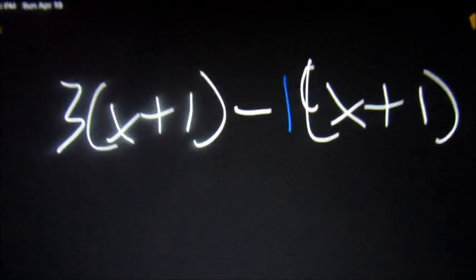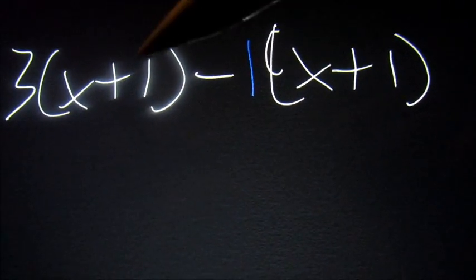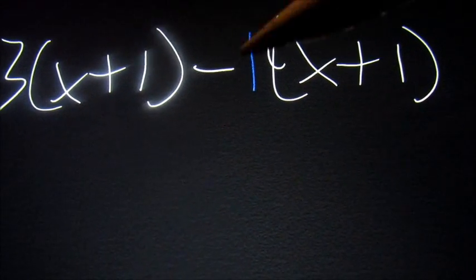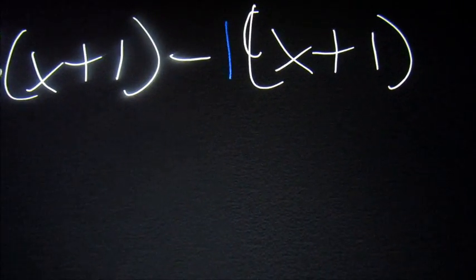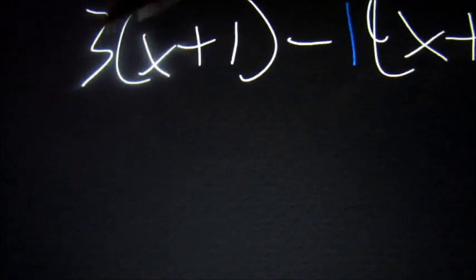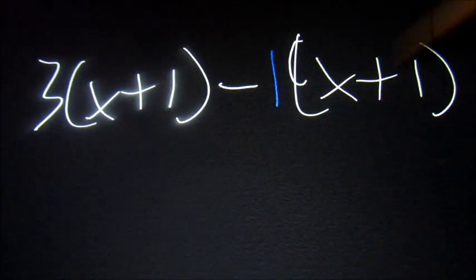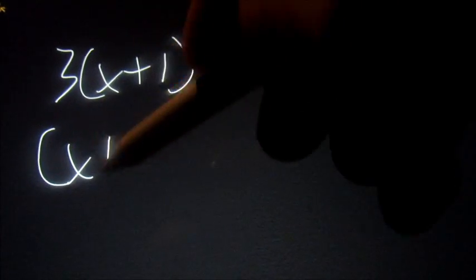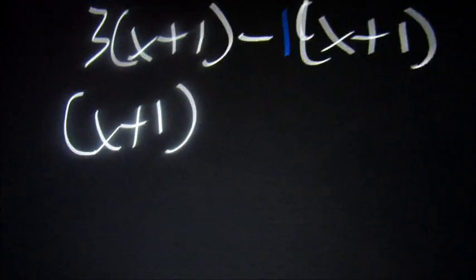So let's just write our little 1 here, even though it's not shown, it is there. Because there are 3 x plus 1's minus 1 x plus 1 here, there are 3 times here and just one of them here. So now we can factor out the x plus 1, and we're left here with 3 minus 1.